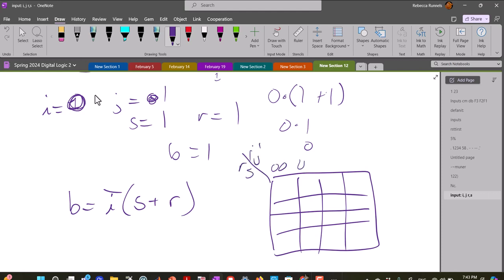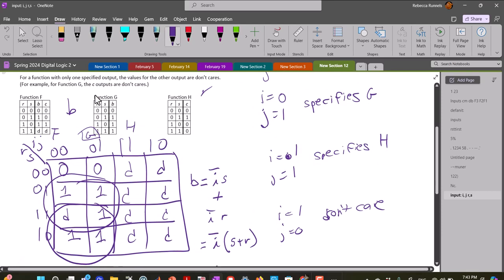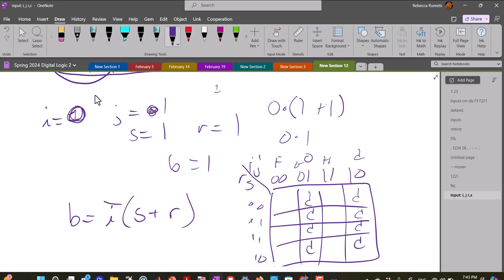IJRS 0, 0, 0, 1, 1, 1, 1, 0. And this corresponds to function F, G, H, and don't care. So you'll have don't cares there. And when you're doing C, notice that function G doesn't have a C in it, so those will be don't cares. And this is 0, 0, 0, 1, 1, 1, and 1, 0. So now all you need to do is fill in the right values there and simplify.